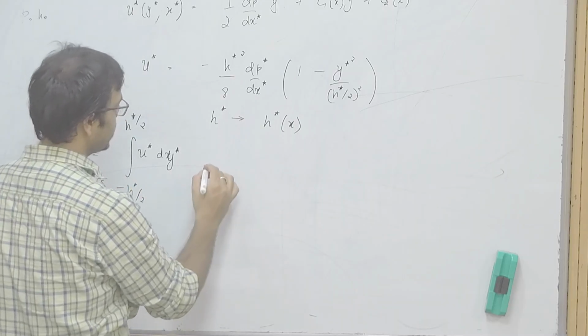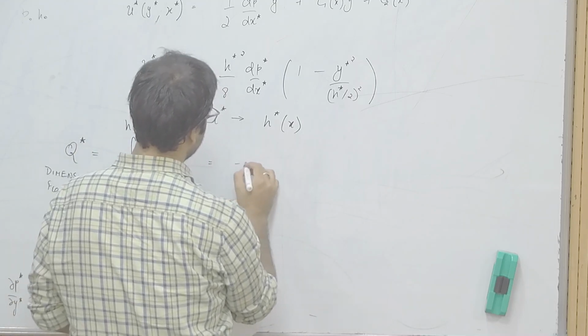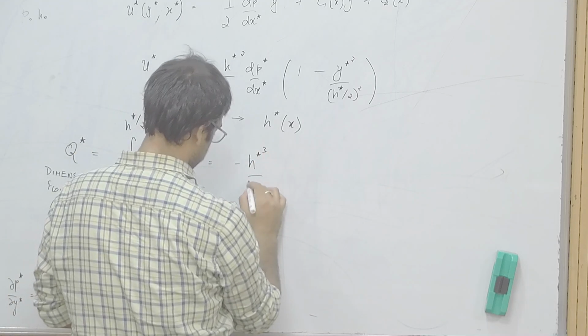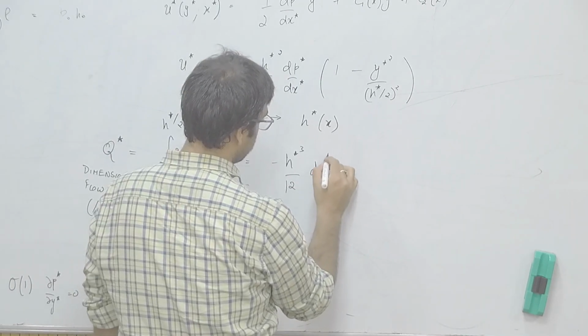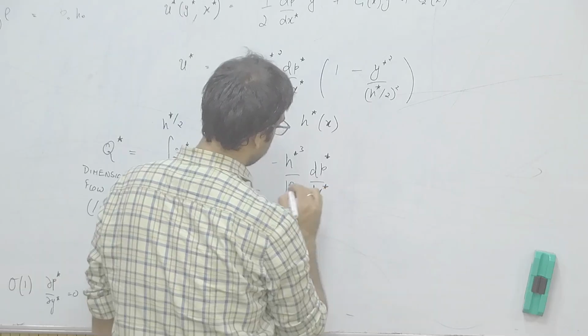So if you calculate this, you will obtain that it is minus h star cube over 12 dp star over dx star.